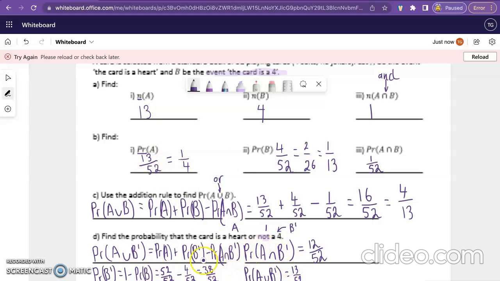We have the probability of B complement, which we worked out down here, 48 out of 52. Subtract probability of A intersect not B, which we just found was 12 out of 52. So I might do this in this order. 13 take away 12 is 1, plus 48 is 49 out of 52.